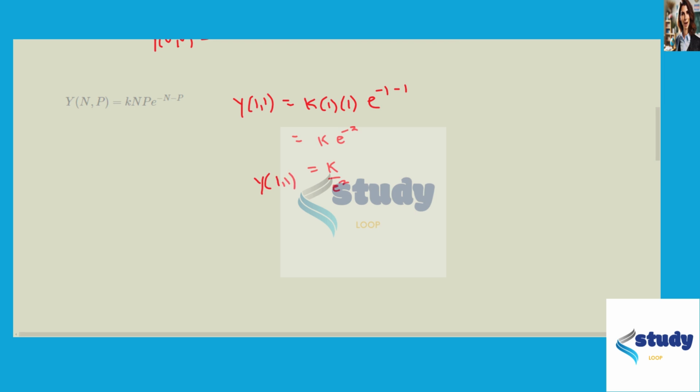So this is where our max is. This is the max yield, and that is going to be when n is equal to 1 and p is equal to 1.